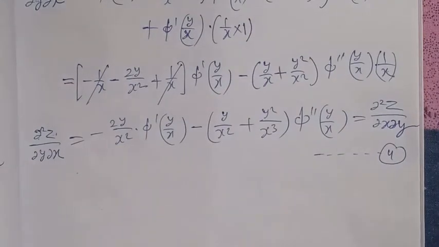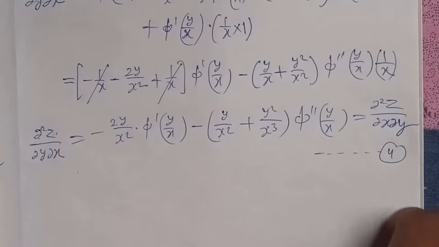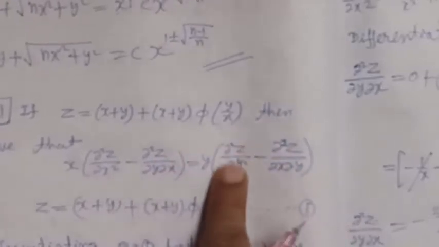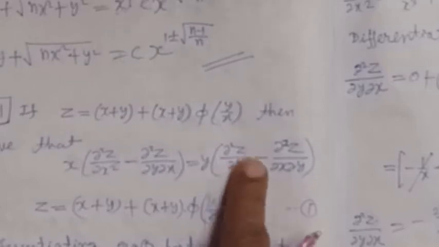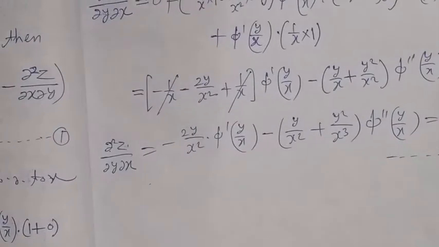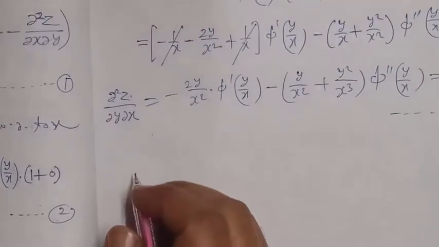So we go to the next step for finding the other values, because we have found these values only, and we have to find this value. So first, for this value we should differentiate z with respect to y, for the first derivative of z with respect to x.